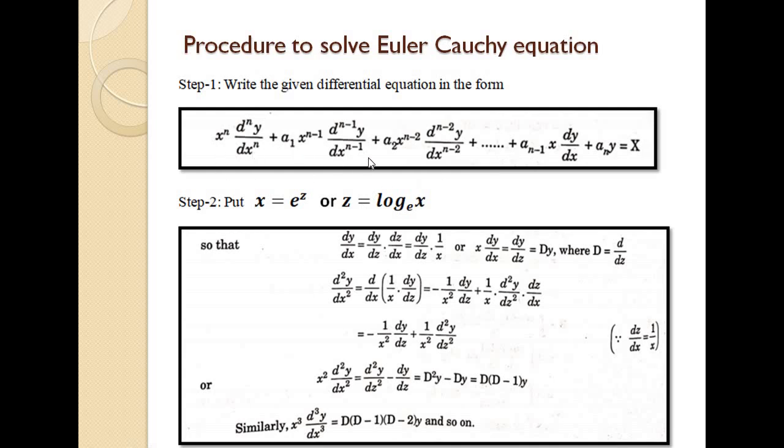If it takes this form, then we can call it Euler Cauchy equation.